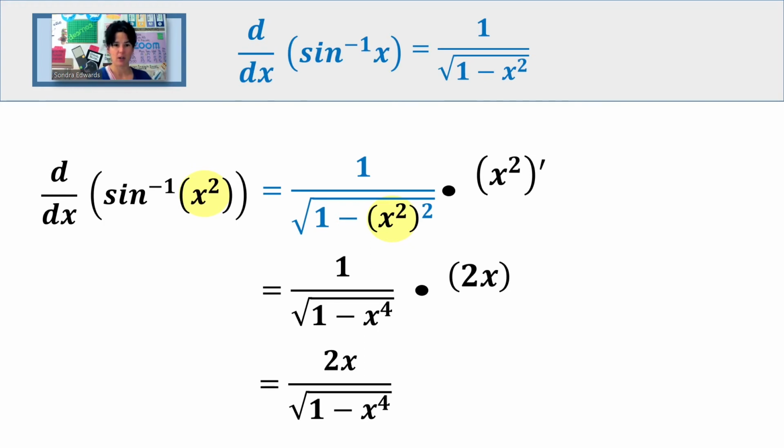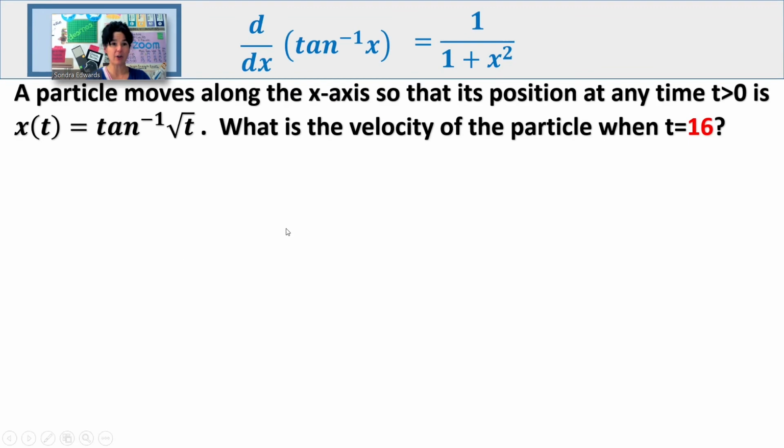We are done. Here we have another problem, and this time just a little bit of an application. Our variables are changing a bit. X of t represents the position function, and the position function equals tangent inverse of square root of t. We're asked a question about velocity, so we need to know the relationship between position and velocity.